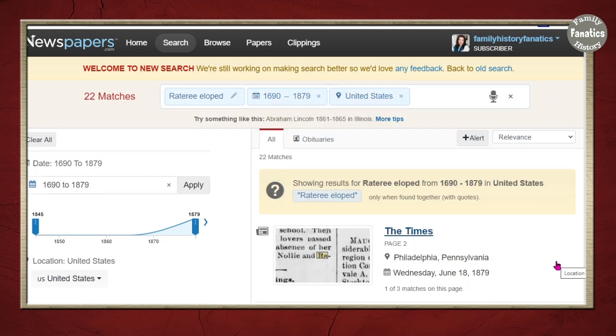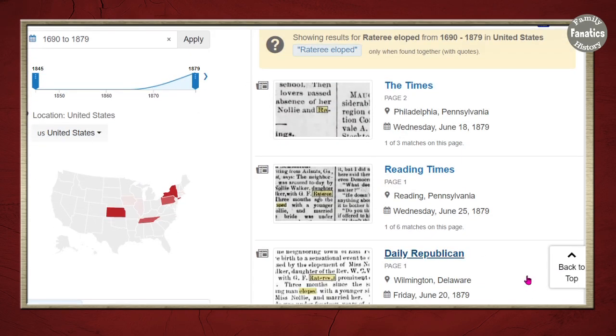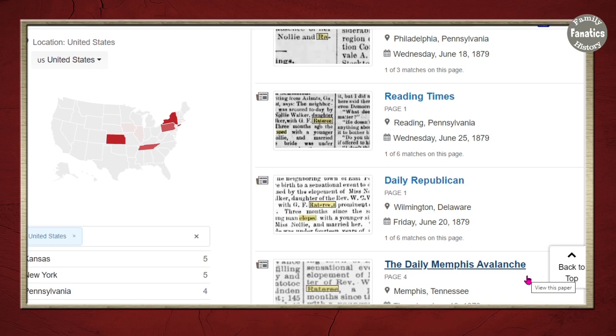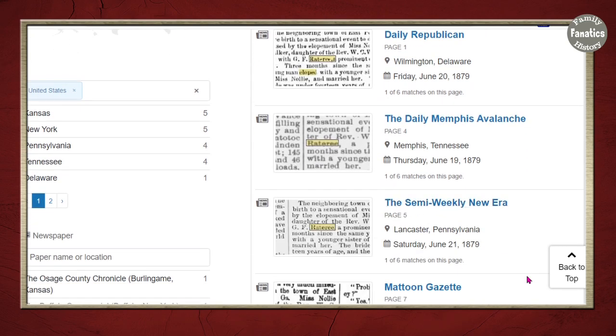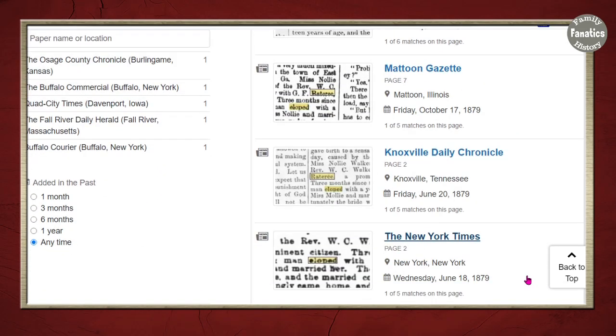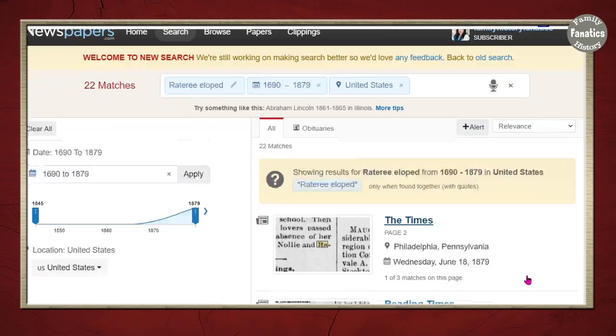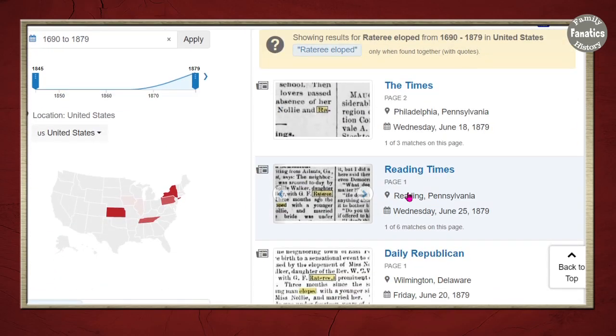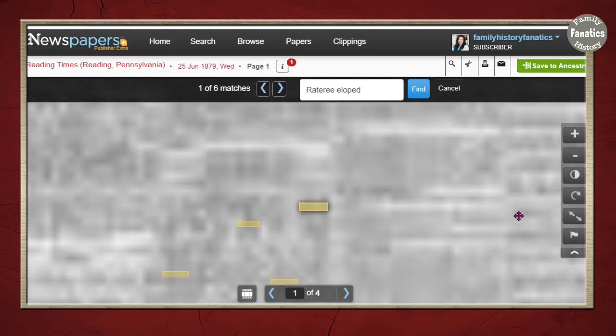But when I started looking for Rattery eloped, I found a number of articles about a Mr. G. F. Rattery in Delaware, in Tennessee, in Pennsylvania, in Illinois in 1879. Let's go find out what's going on with Mr. G. F. Rattery.